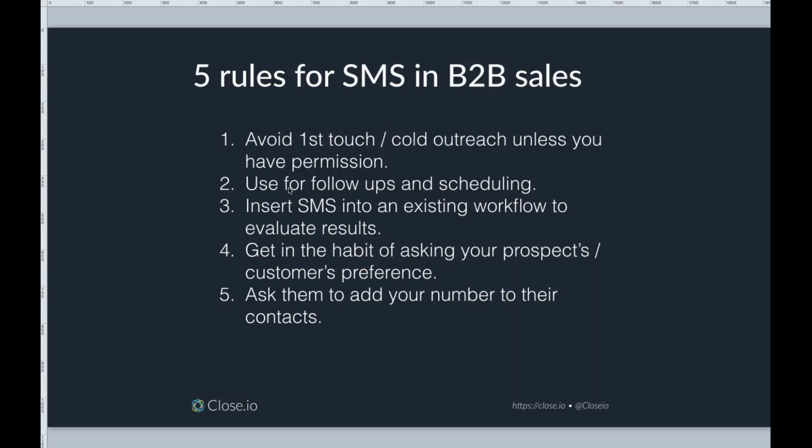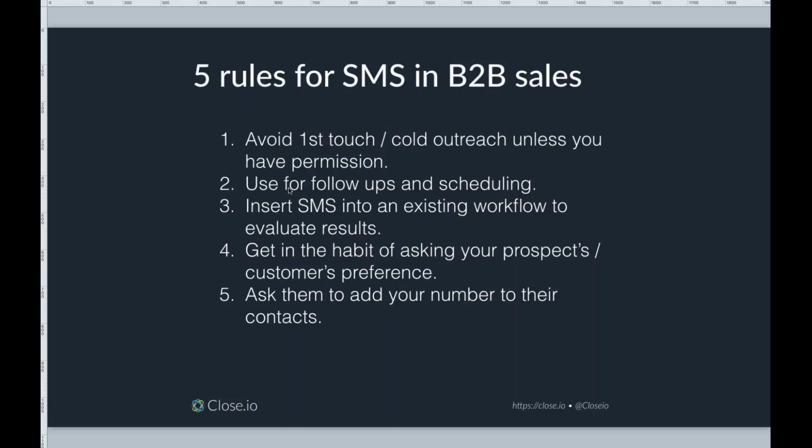The 5 rules I would go by are: at first at least, avoid using SMS as the first touch or cold outreach. It's very personal, an SMS. It's coming into their phone. They're not going to know who the number is. You don't have permission to reach out to them yet, so it's almost as personal as a cold call, but there's not much context added to it.